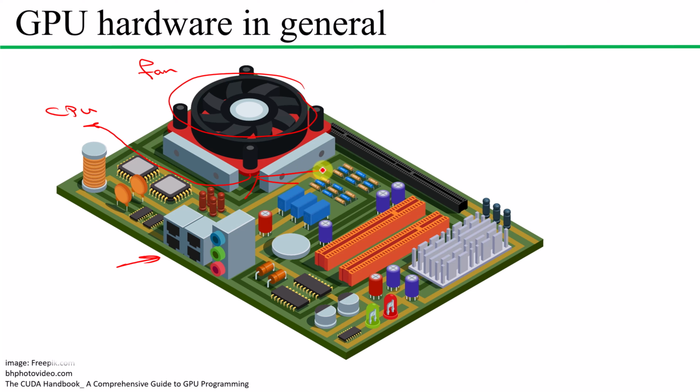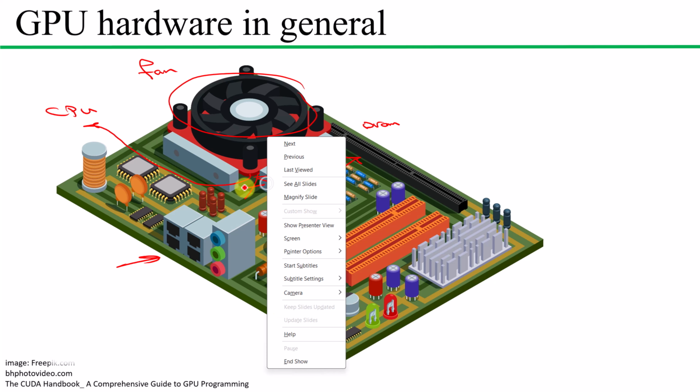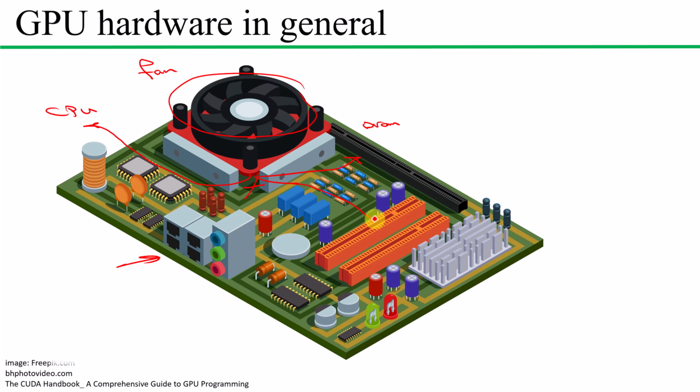For example, here we have the DRAM socket, the power interface, and notably the PCI interfaces. The PCI interface is very essential as it allows connection to several cards, including GPUs, network cards, and sound cards.